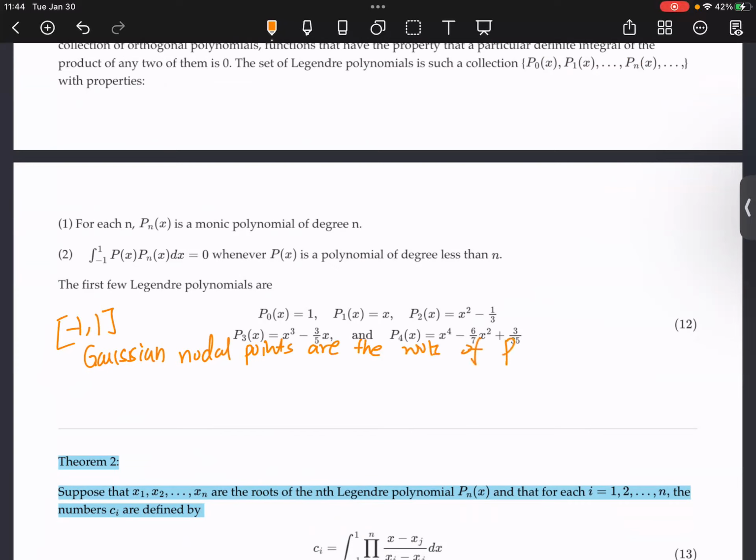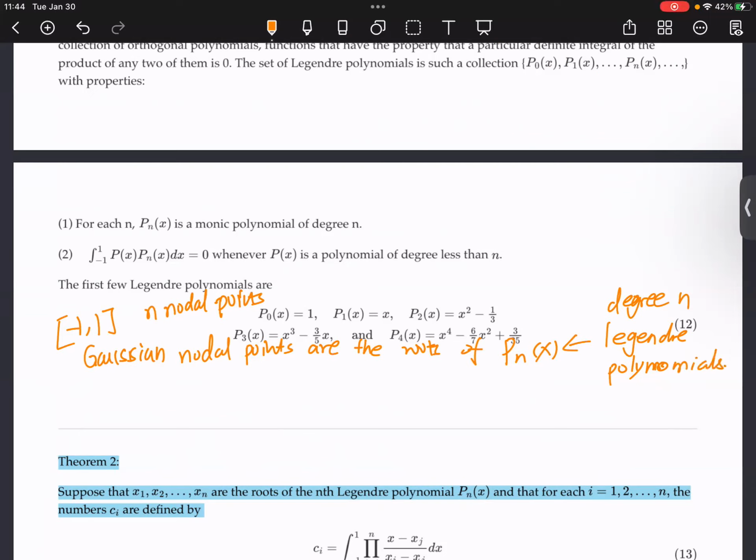of the Pn. So assume that we have n nodal points, and then the Gaussian nodal points are actually the roots, that is the zeros, of Pn(x), and Pn(x) here is the degree n Legendre polynomial.